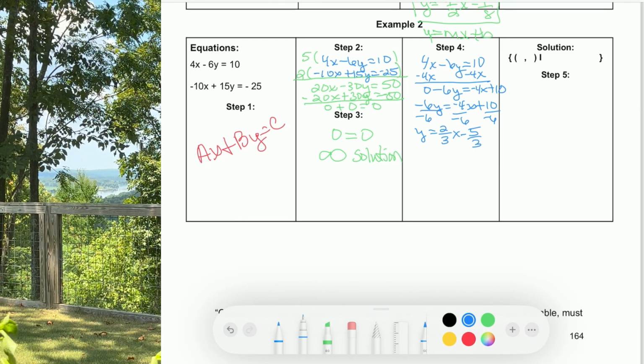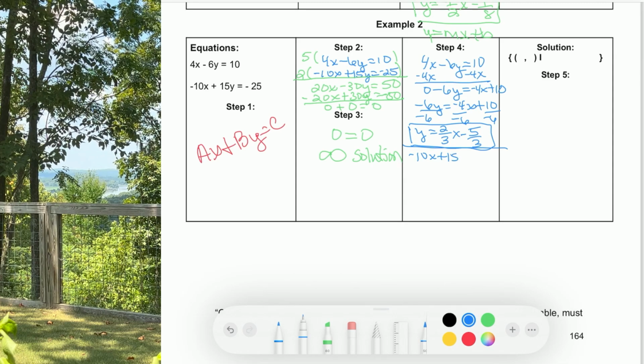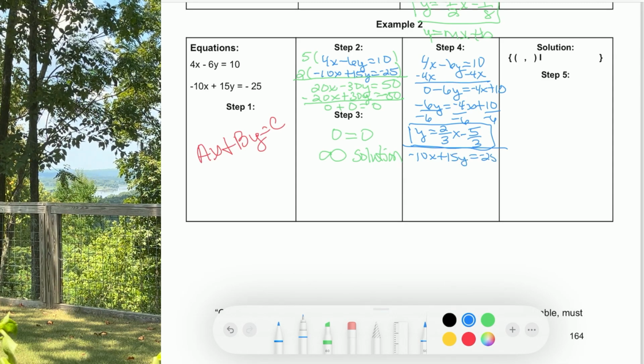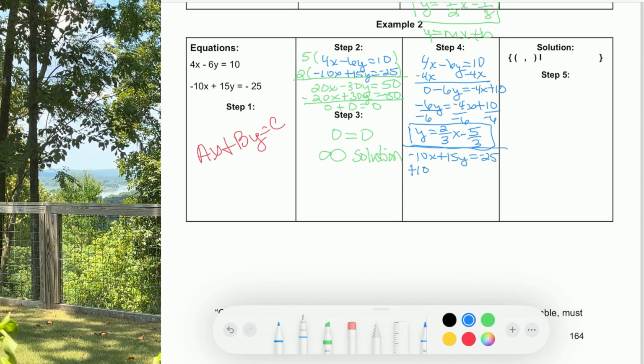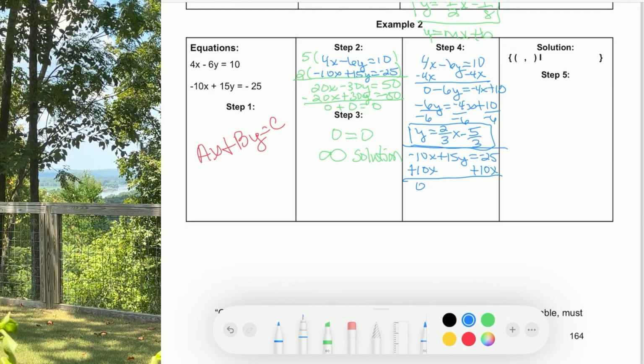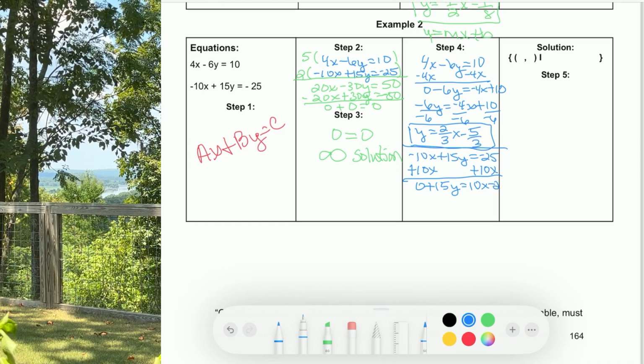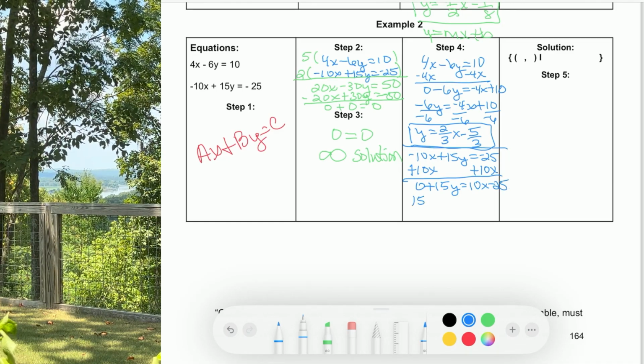All right, so we've got that one. Now let's do the other one. I have -10x plus 15y equals -25. I'm going to add the 10x to move it to the other side. I get 0 plus 15y equals 10x minus 25.